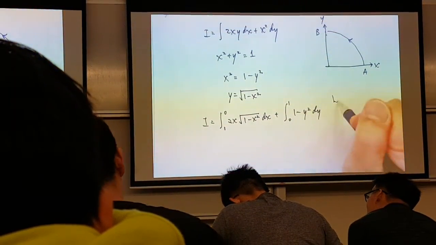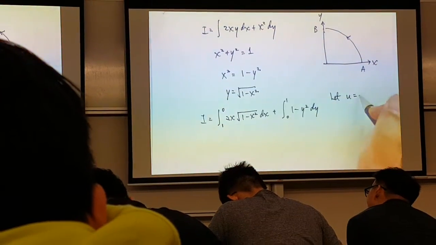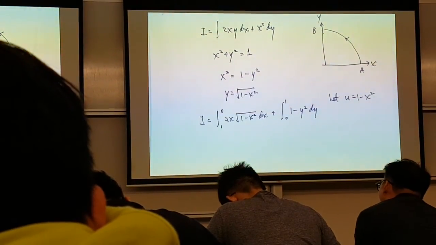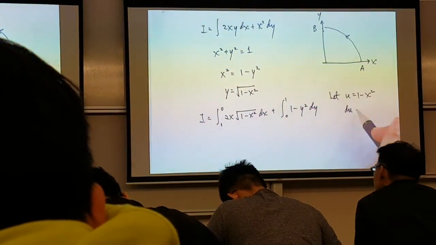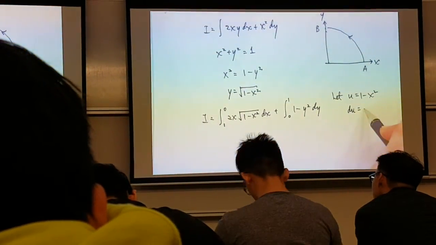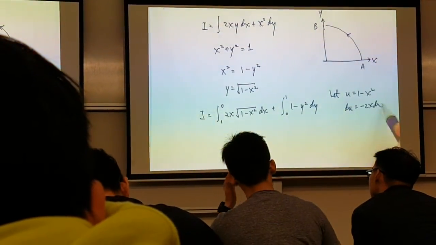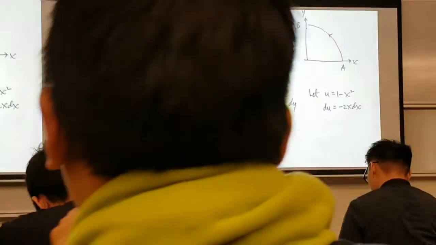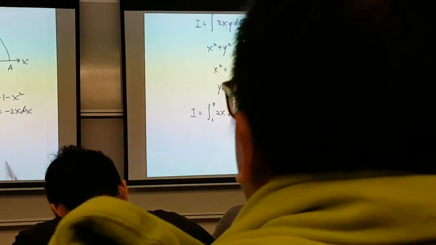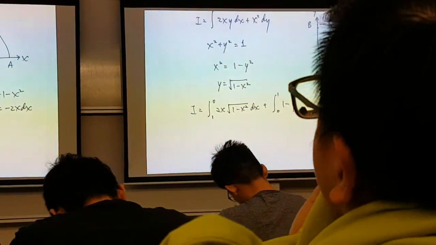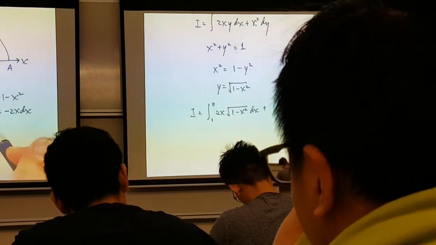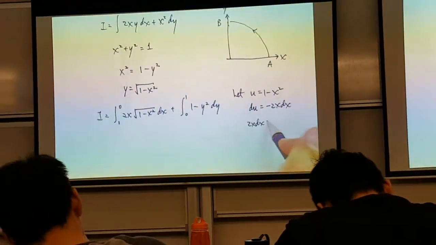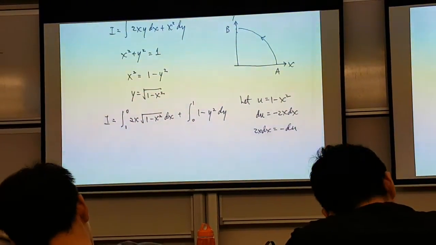So if we were to let u equal to 1 minus x squared, then your du is going to be equal to minus 2x dx. Okay, so from this expression, we can see that 2x dx is actually equal to minus du.